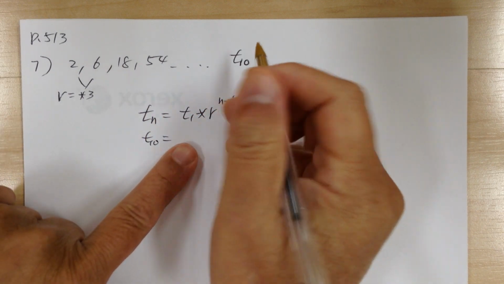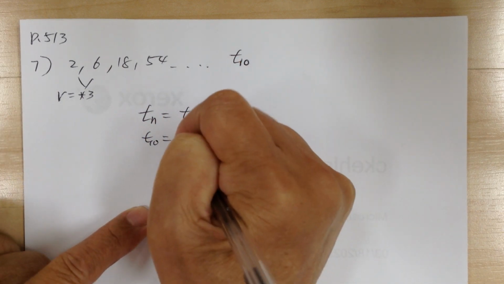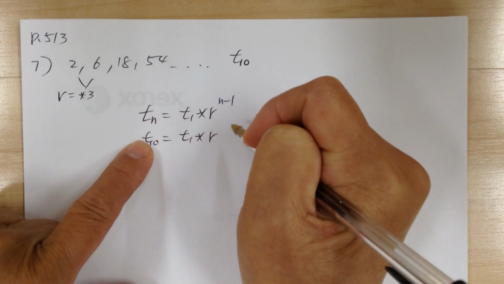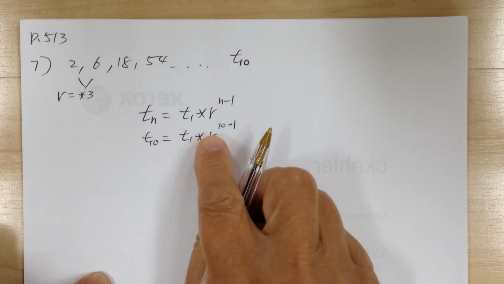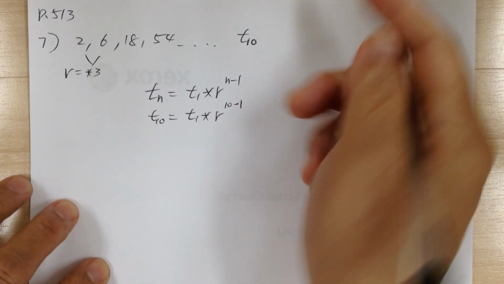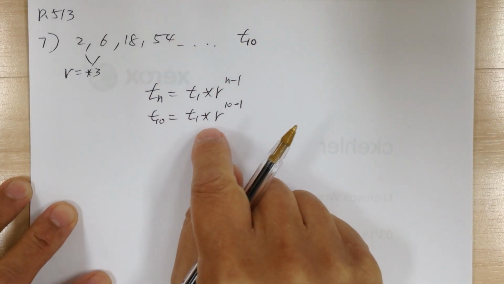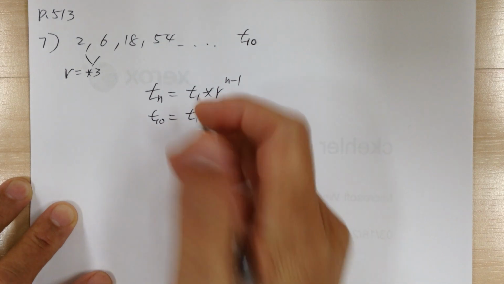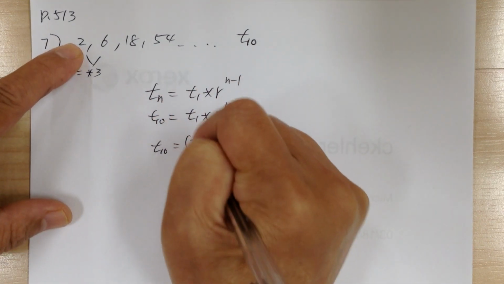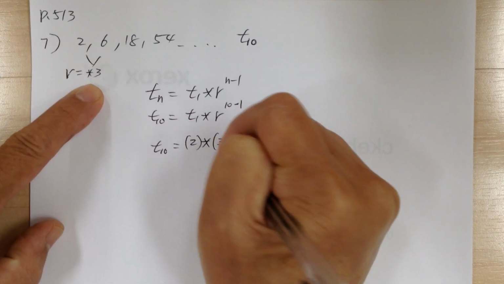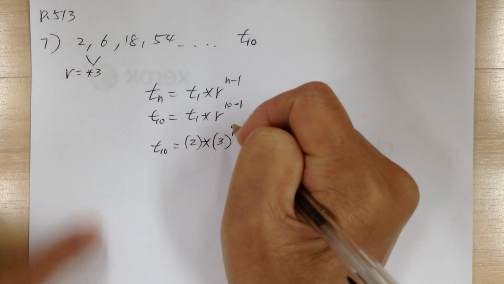And so this would be T1 times R to the, since you use 10 and 1, you have to use 10 and 1. You can get the n's in first, then you can put in the T1 and R. So T of 10 equals, T1 is 2, R equals 3, and 10 minus 1 is 9.